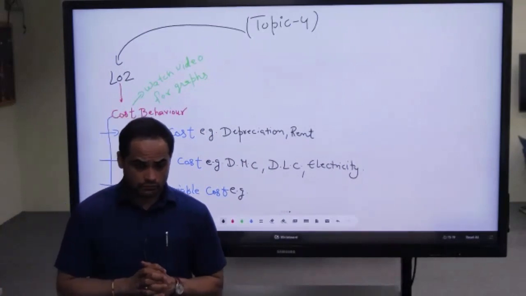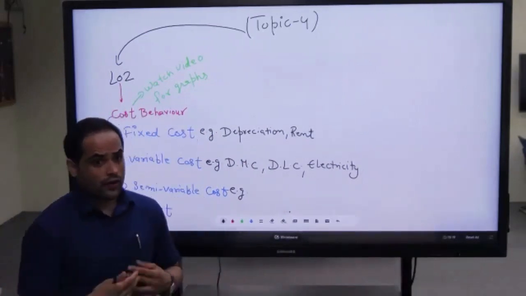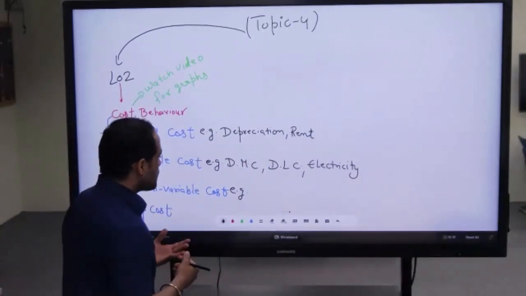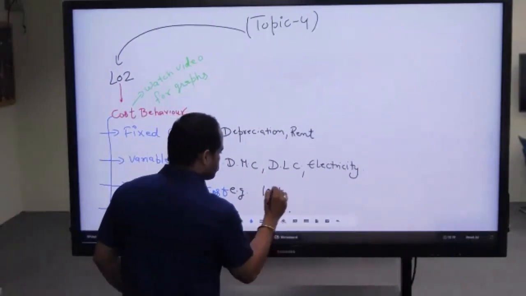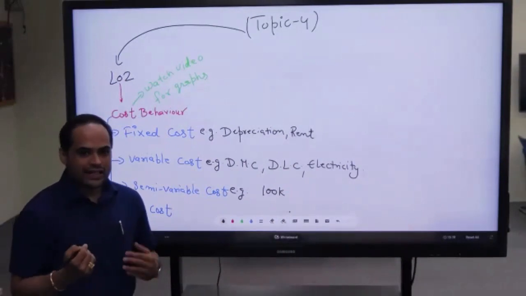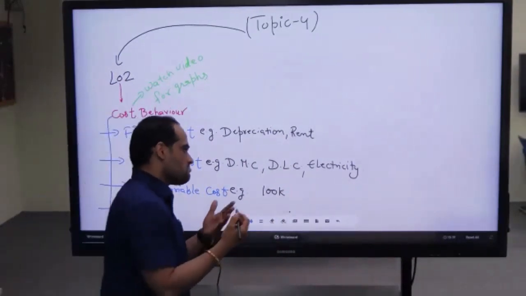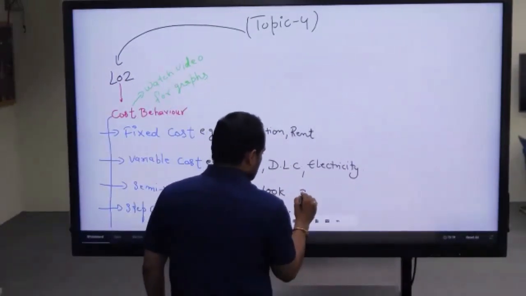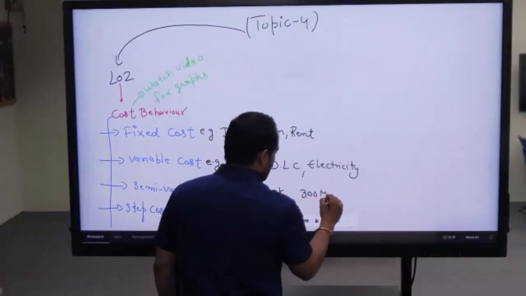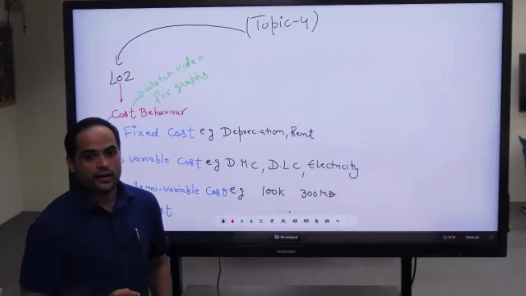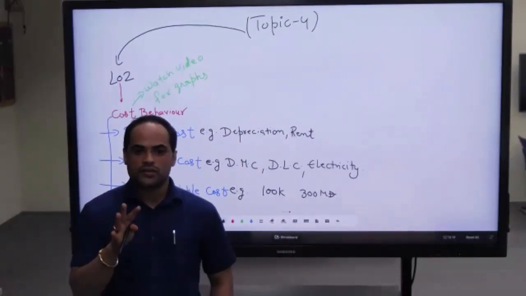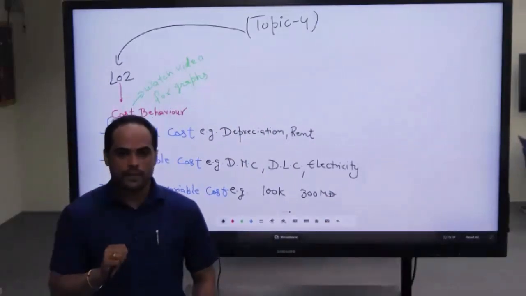For example, for 100,000 Vietnam dong, you get, let's say, 300 MB data.